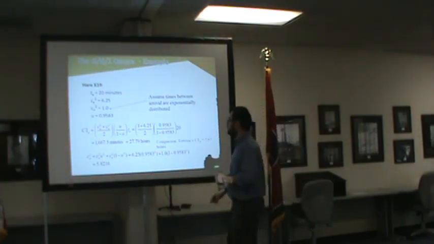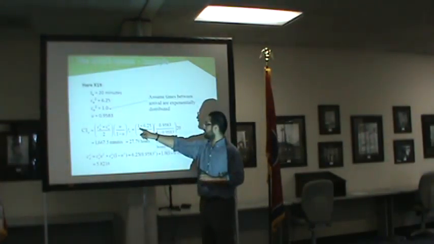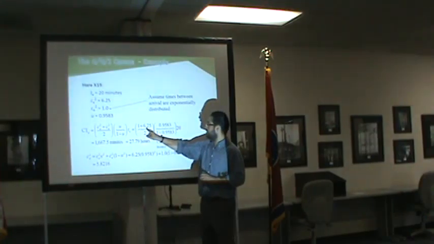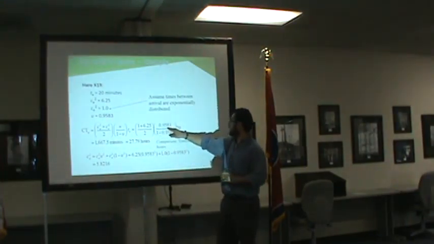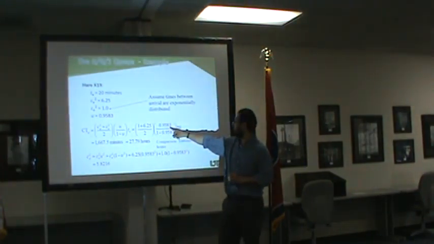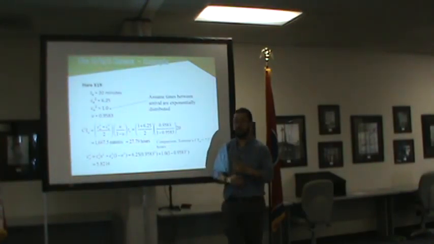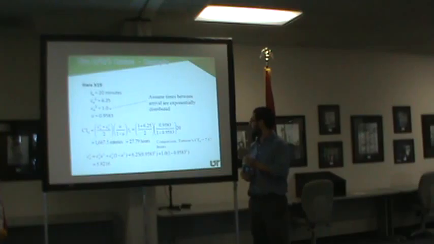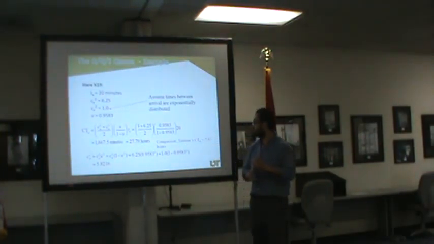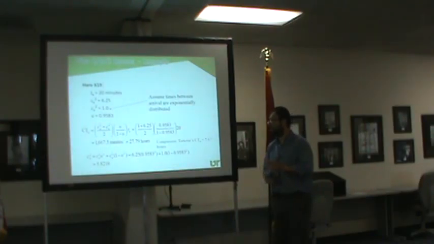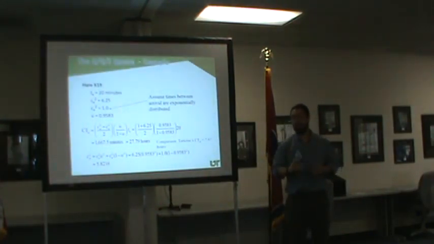That was the coefficient of variation squared of arrivals plus the coefficient of variation squared of the processing time, divided by 2, times the utilization rate that we had, which is the WIP, times the processing time, which was 20 minutes, right? So that gives you that in minutes, which is 27.79 hours.